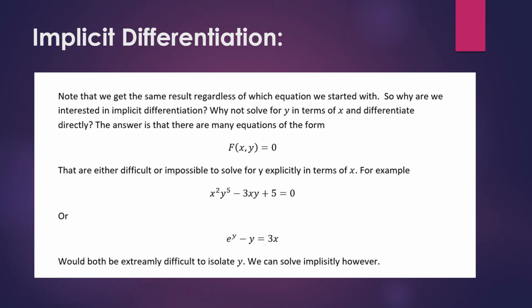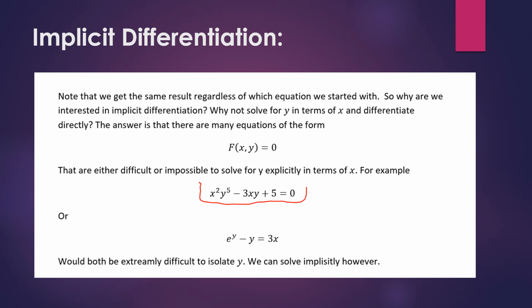So now at this point, you might be wondering, if we're getting the same answer, why would I change up my method? I feel pretty comfortable doing direct differentiation. Why would I move to implicit differentiation? And the answer is that you might find some problems very difficult to get y by itself. So if we took a look at some of the problems below, here we've got x squared y to the 5th minus 3xy plus 5 equals 0.